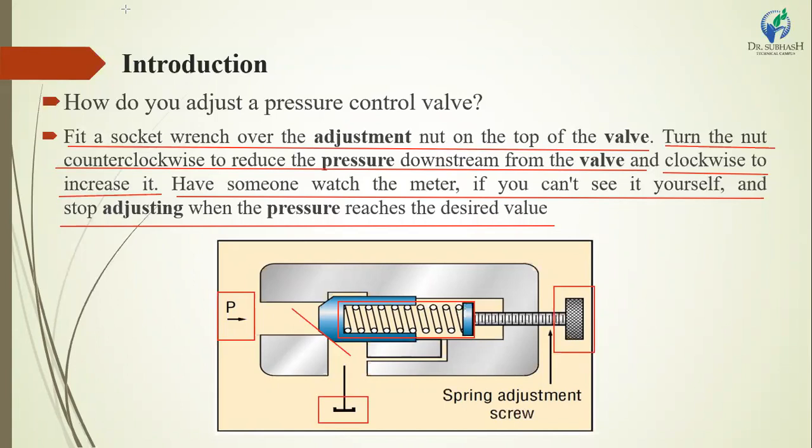At this time, to maintain the hydraulic pressure inside the circuit, we must attach a pressure control valve. But we can easily vary the pressure of the working fluid by using a pressure control valve, so it is necessary to apply pressure control valves in all hydraulic systems.